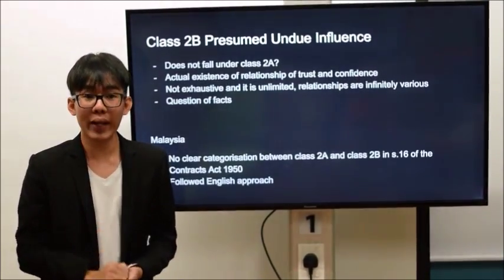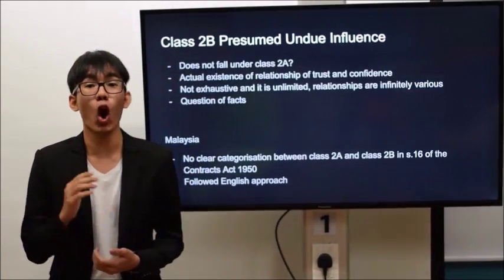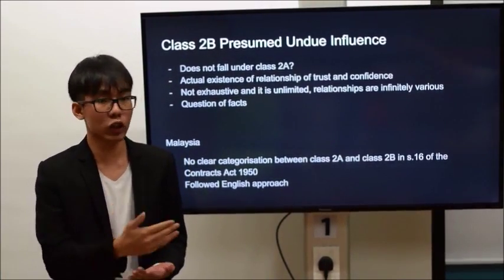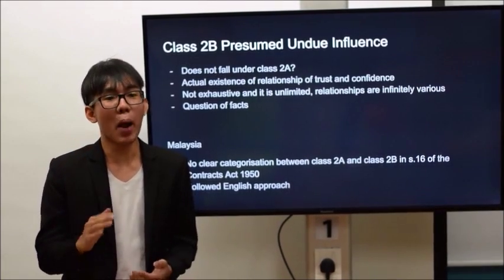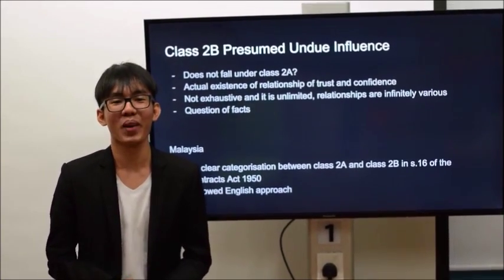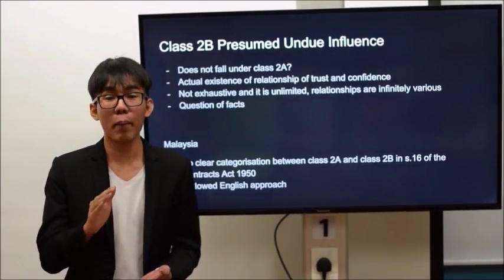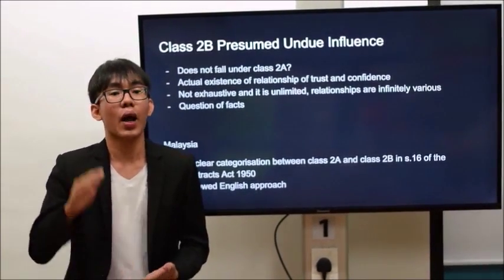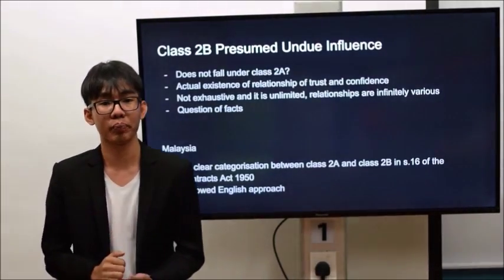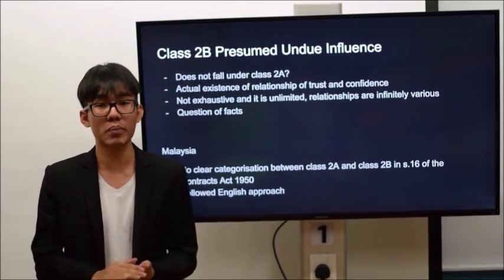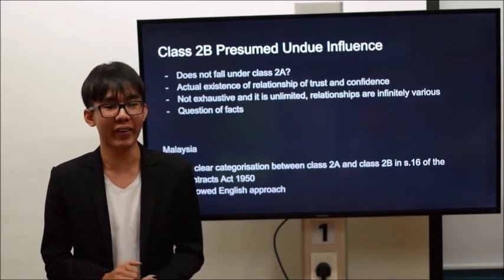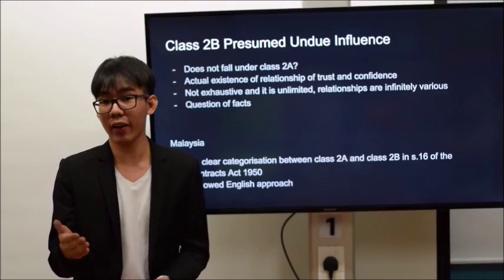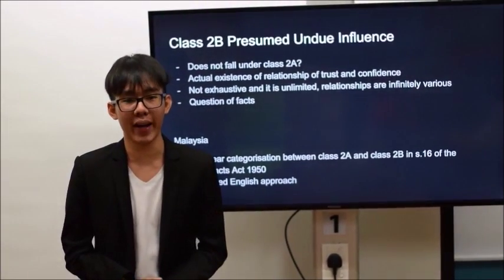Therefore, if the relationship of the claimant does not fall under Class 2A, which was mentioned by my colleague, it may fall under Class 2B, provided that the claimant can prove an actual existing relationship of trust and confidence reposed in the wrongdoer. The list of relationships is infinitely various, and whether there is a relationship of trust and confidence will be a question of fact.